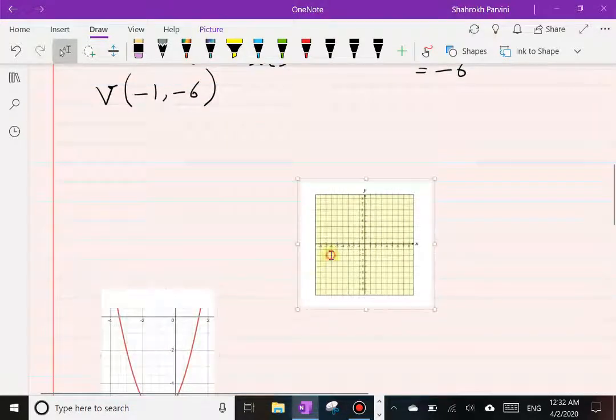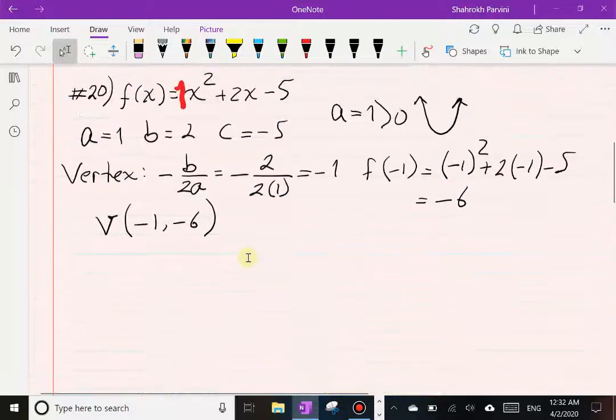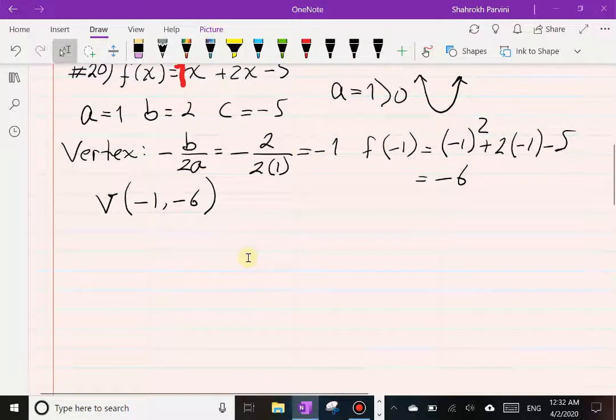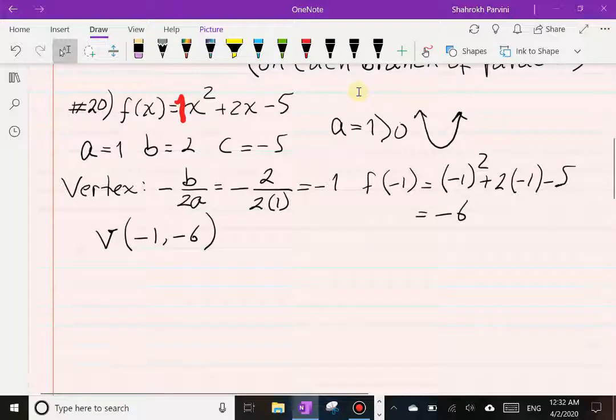Now, we need points on either branch of this parabola, right? So let's see how we're going to find those points. Well, one of the points that we want to find is right in here. This is c in the ax squared plus bx plus c. C is negative 5, and remember that's going to be our y-intercept.